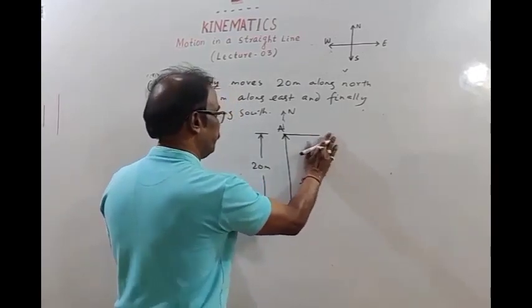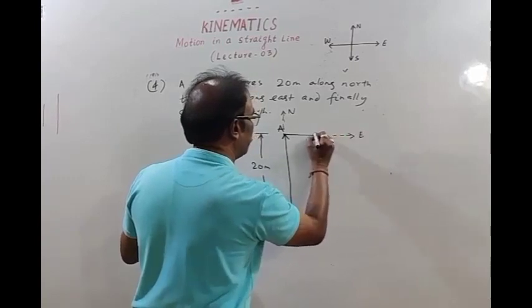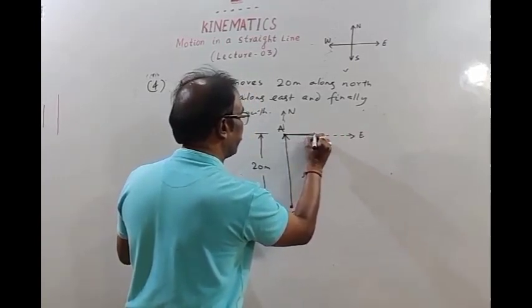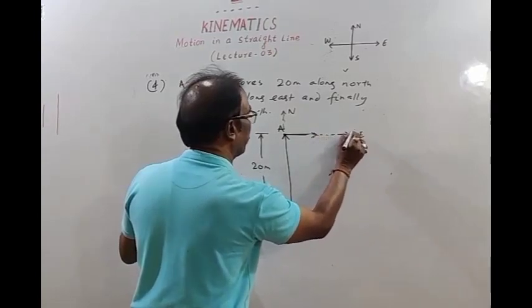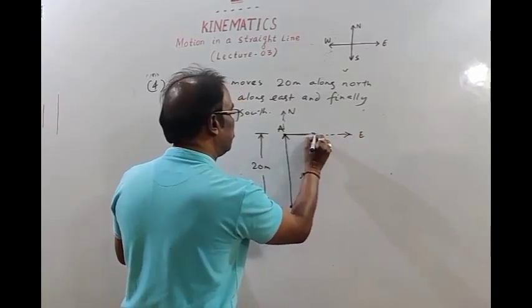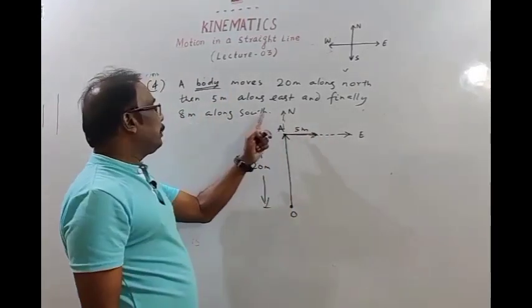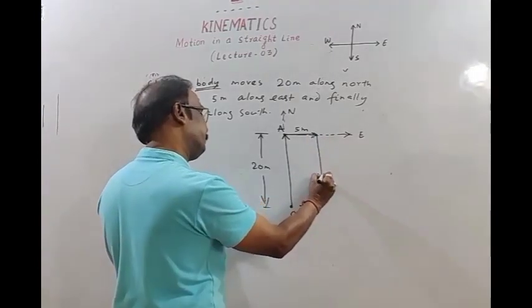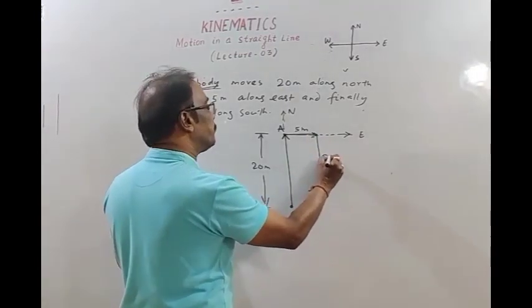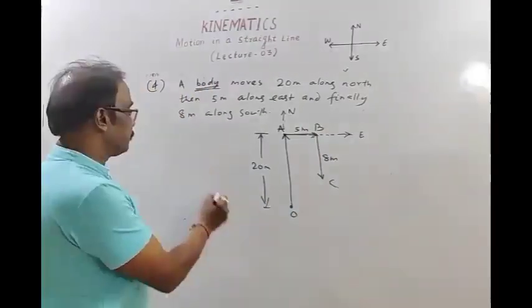This direction is towards east. It moves 5 meter. Okay. So this displacement is 5 meter, and finally moves 8 meter along south. This is along south. This displacement is 8 meter. Let this point be B, this point be C. Then distance.